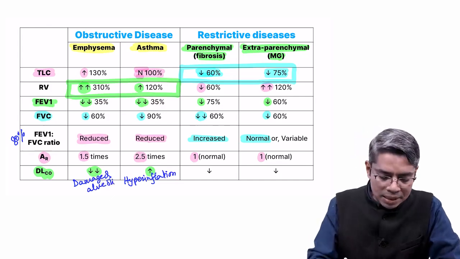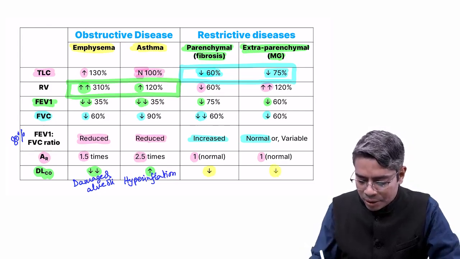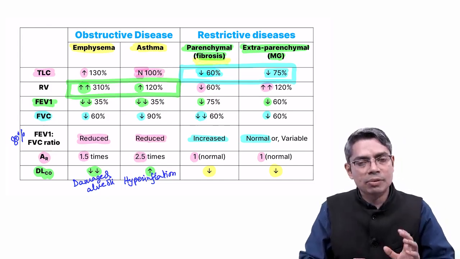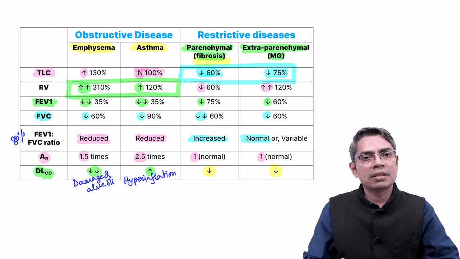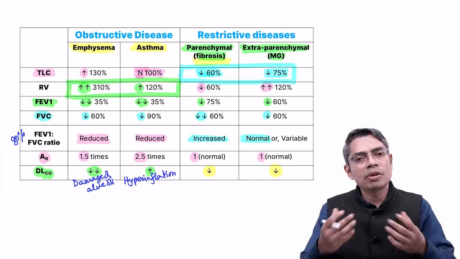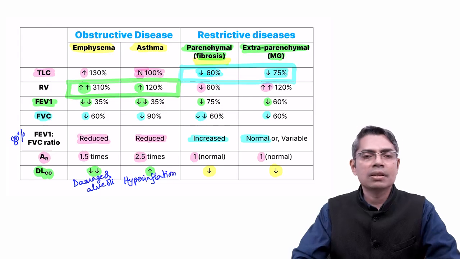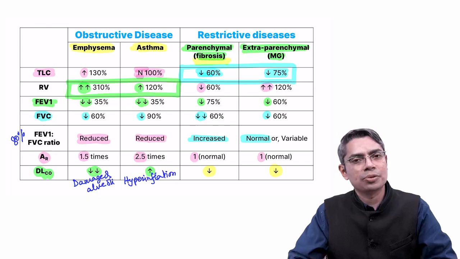And it is definitely going to be reduced in restrictive disease, because if there is parenchymal restriction, fibrosis is there, and fibrosis means the membrane is thicker. If there is extraparenchymal restriction, you are not taking an adequate amount of inspiration, so the volume of air coming into your lung is less. That's why the diffusion capacity is reduced in restrictive disease. Got it? So this is the difference between these two.